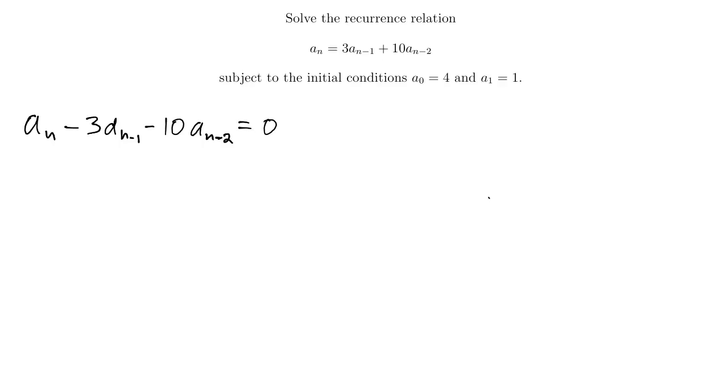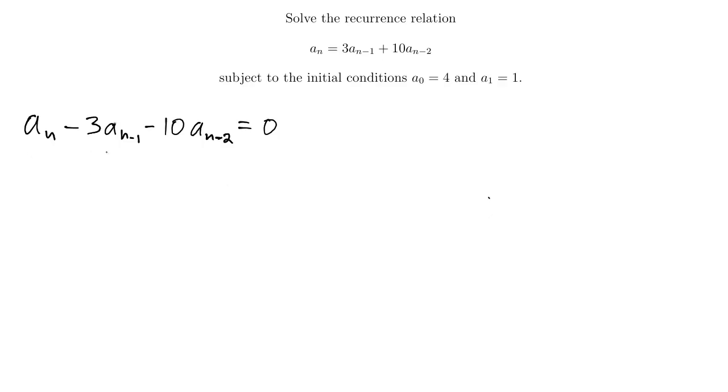Now from this, I can go to the characteristic polynomial and therefore the characteristic equation, and then solve that characteristic equation to find the characteristic roots, and then we're off and running.